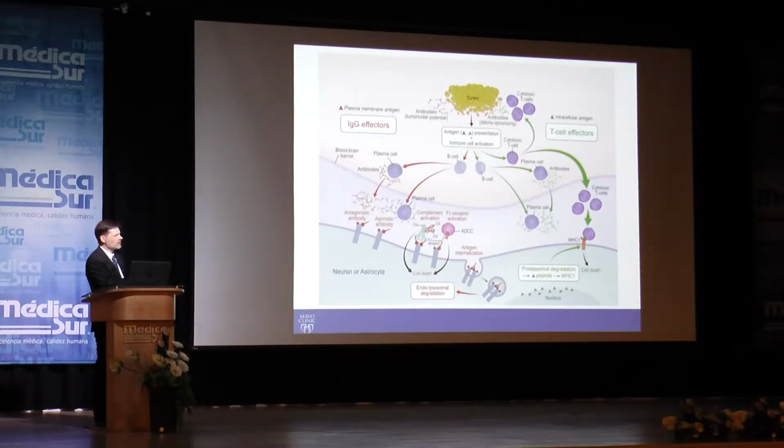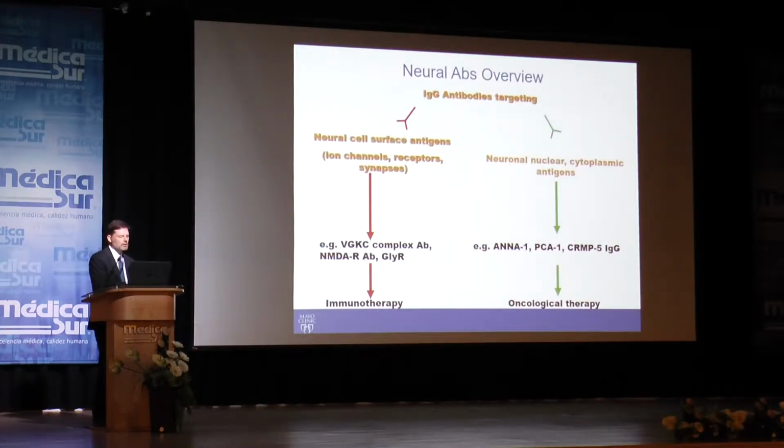And this makes a big difference in both the workup and the treatment, as you'll see as I go along. So, expanding on this, you get the development after antigenic exposure to the immune system of IgG antibodies that target either cell surface antigens like ion channels and receptors or synapses.